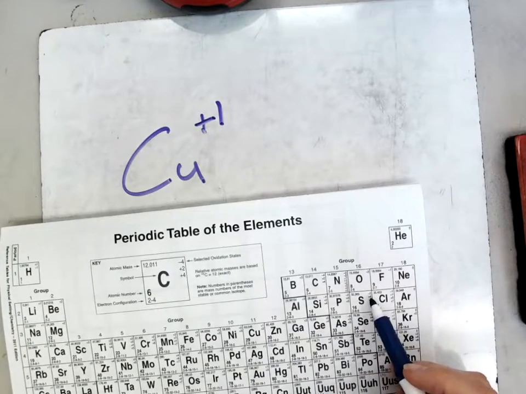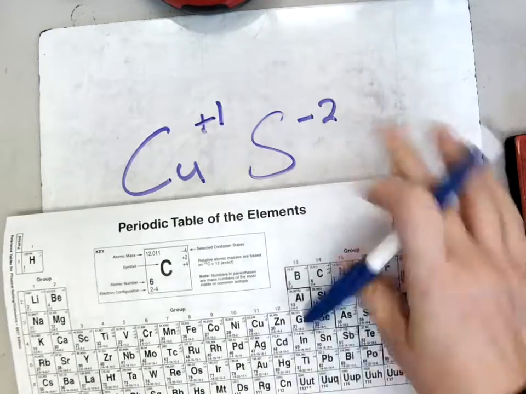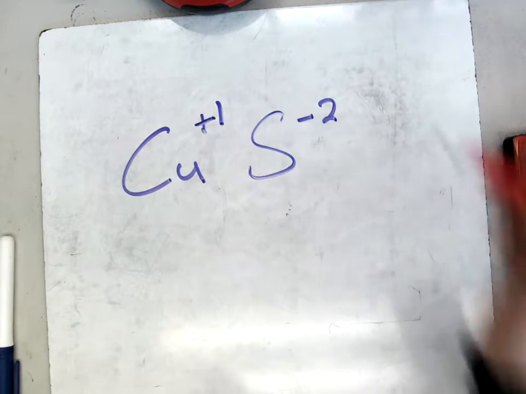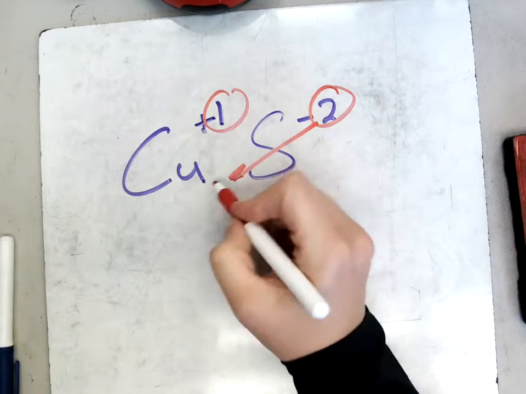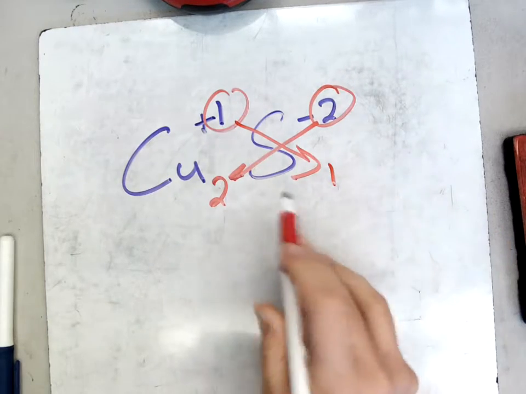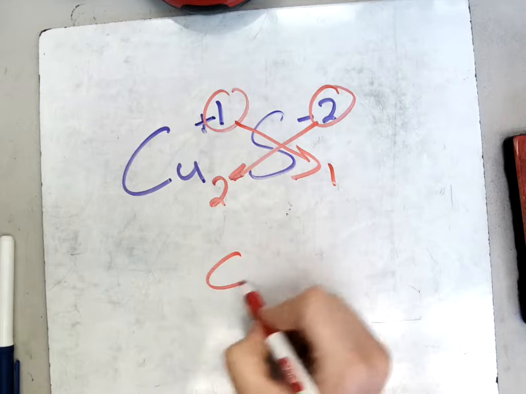Here's sulfur, -2. Okay. The +1 and the -2 do not cancel each other out conveniently, so I need to cross the numbers down. The 2 ends up there. The 1 ends up here, but as I've said many times, we never write the 1.